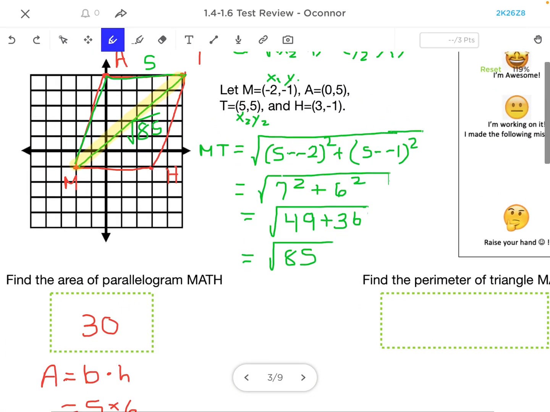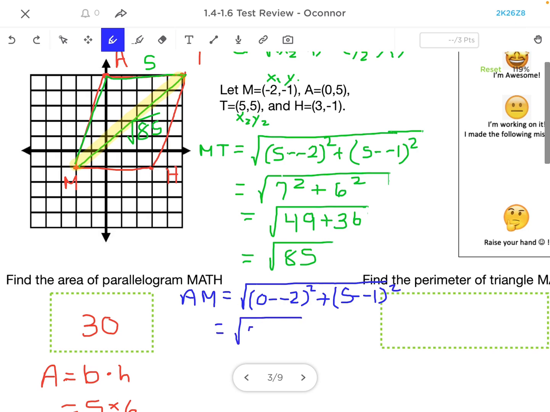So to find the length of AM, I have the square root of, I'm subtracting my x's now, so 0 minus -2, quantity squared, plus, subtracting our y's, 5 minus -1, quantity squared.